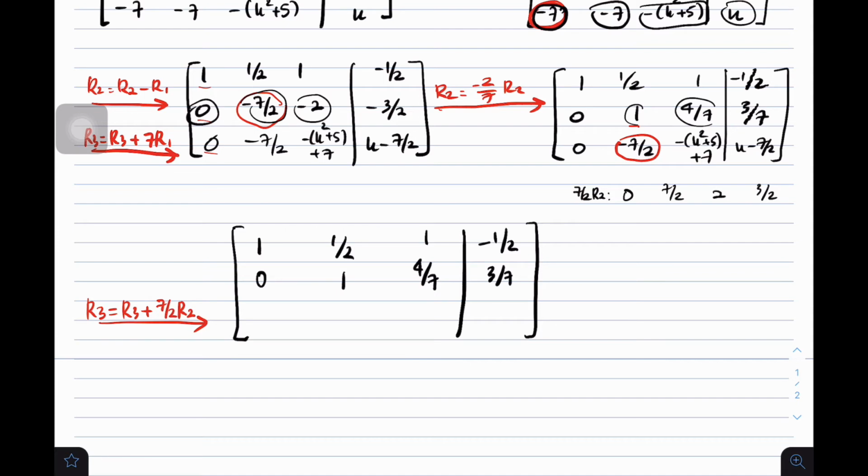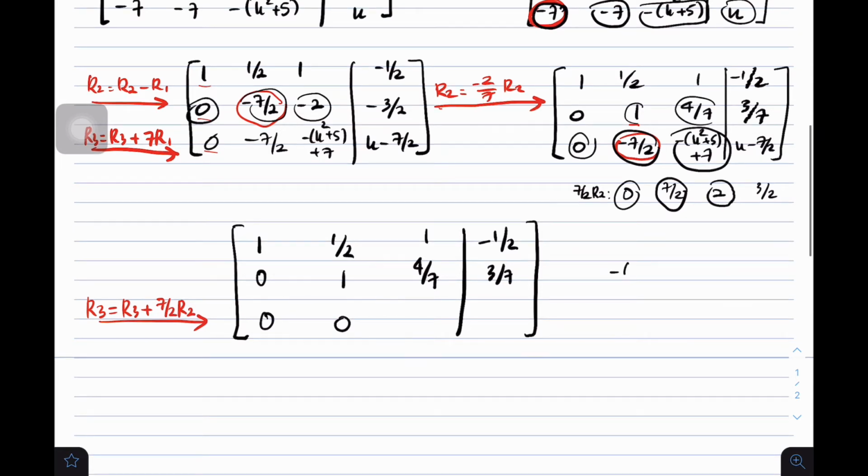Okay, so now row number 3 you add with this one. So 0 plus 0 is 0. Negative 7 over 2 plus 7 over 2 is 0. This one plus this one, so you need to write negative k square plus 5 plus 7 plus 2. So it becomes negative k square plus 5 plus 9. So here you have negative k square plus 5 plus 9.